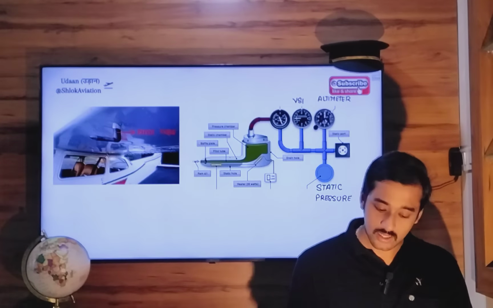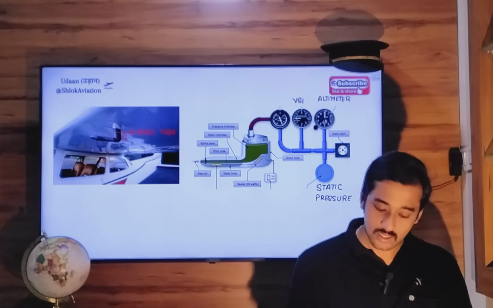In order to get the airspeed reading from your airspeed indicator, you need dynamic pressure.